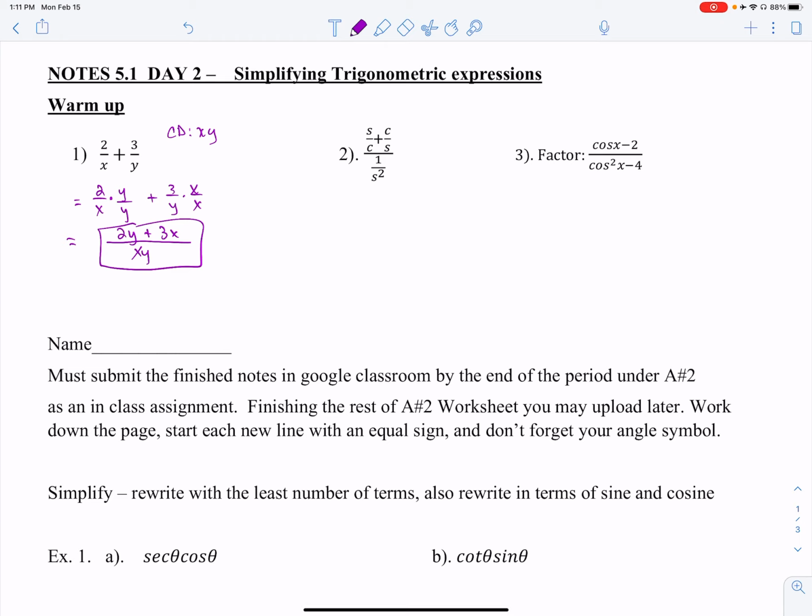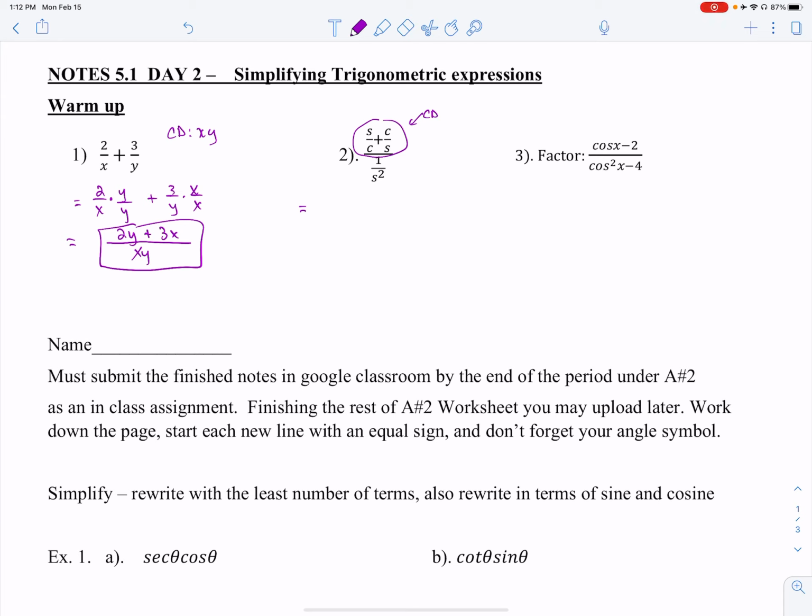In number 2, we have complex fractions. What we're going to do is get the numerator to be one fraction and then multiply by the reciprocal of the denominator, because when you divide fractions, you multiply by the reciprocal. The common denominator for the numerator is going to be c times s.